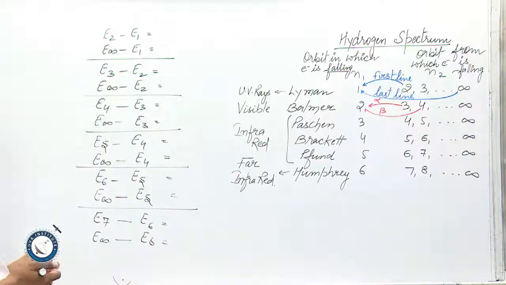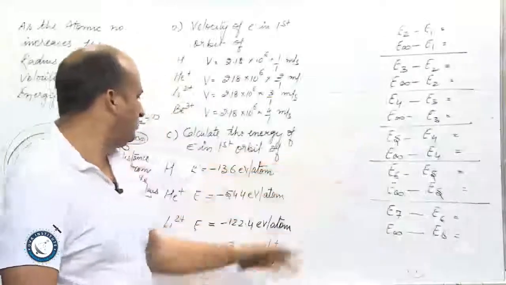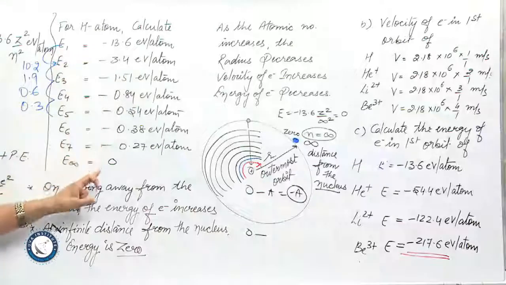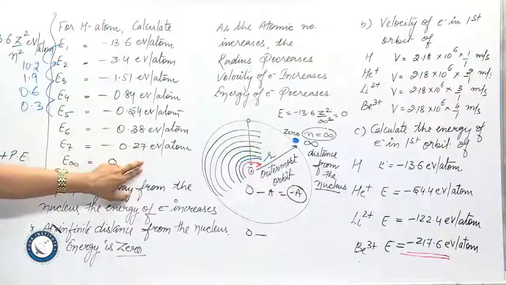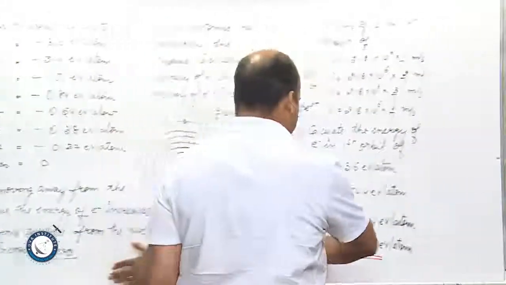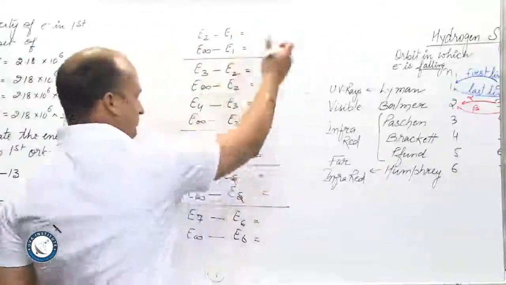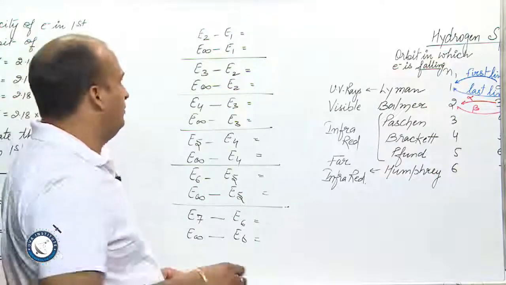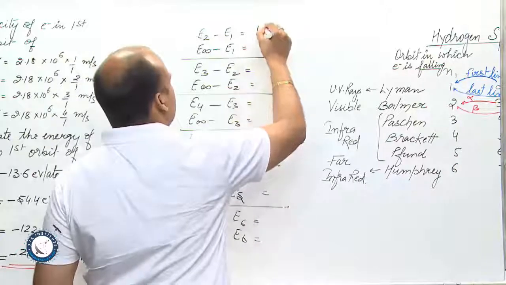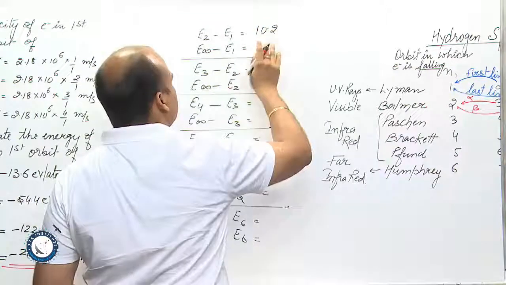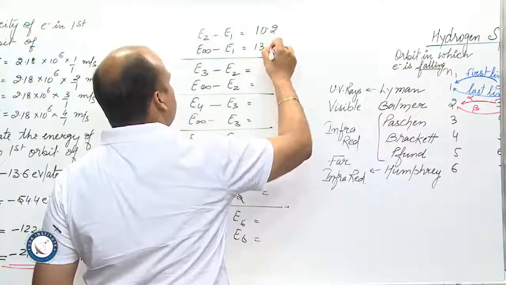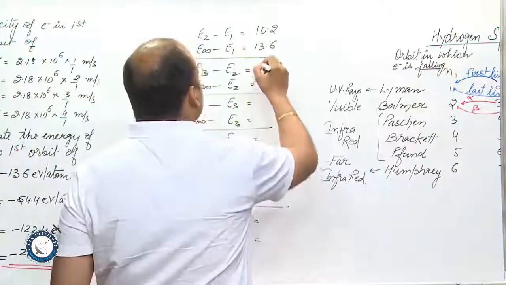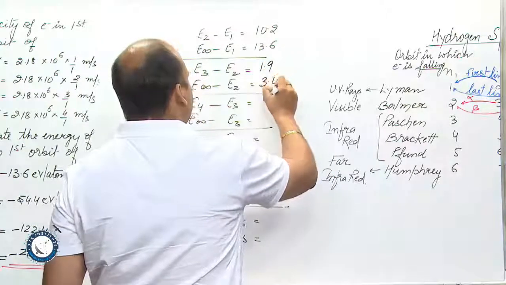You have to do this calculation, and where are the values? See, these are the values you have calculated. Use these values to tell me this. Yes, this is 10.2, this is 13.6. Yes, what is E3 minus E2? 1.9, 3.4.